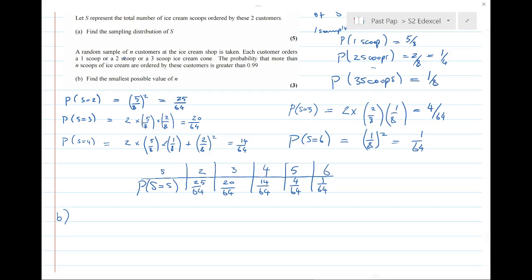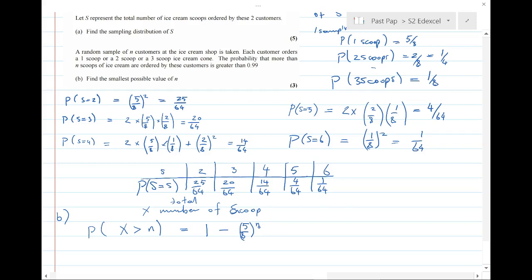So what we're actually saying here is that the probability that X, if X is the total number of scoops, is greater than n, has got to be anything but the possibility that every single one of them has gone for a 1 scoop.